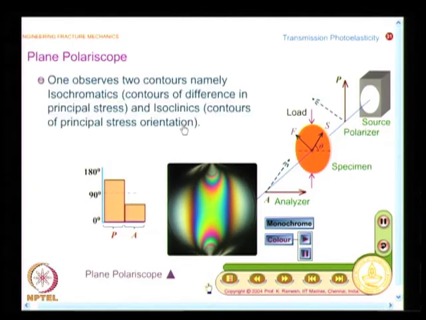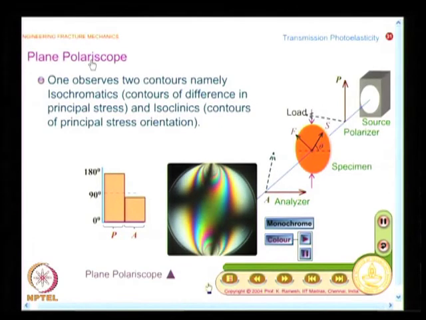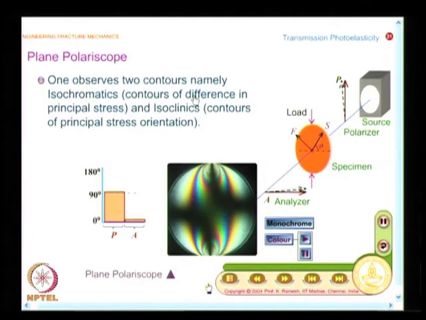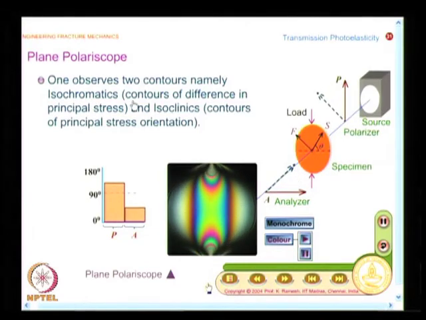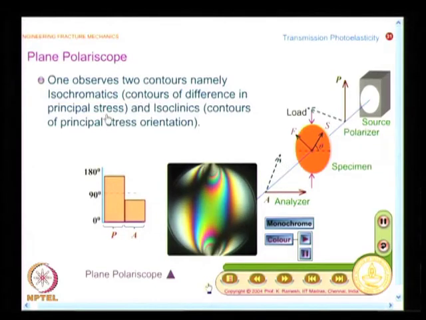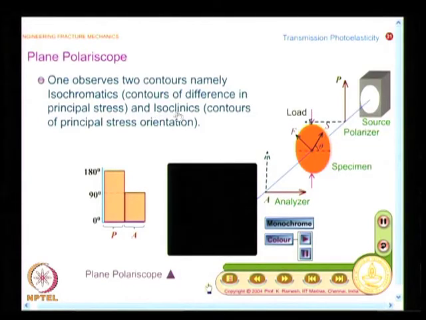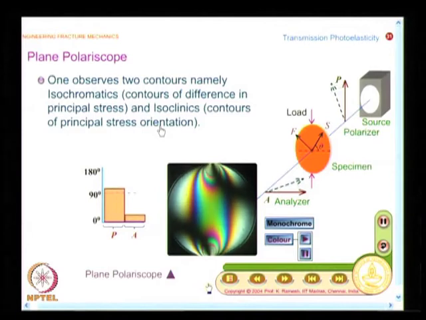So, in a plane polariscope, it is very clear now, one observes two contours, namely isochromatics, which show contours of difference in principal stress, and isoclinics, they are nothing but contours of principal stress direction.